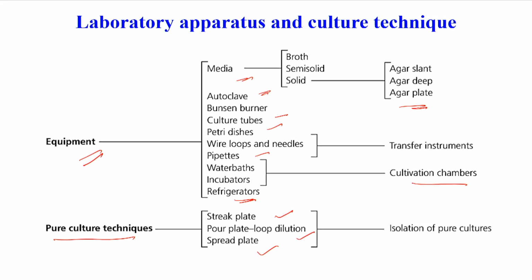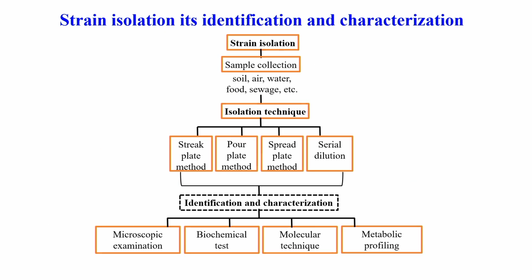So, these are basic laboratory facility for the isolation of microbes. So, you might have discussed in detail in your microbiology course, but here we are going to briefly discuss these pure culture techniques, particularly this streak plate, pour plate and spread plate. So, you can see here what we have discussed, you have to isolate a strain.